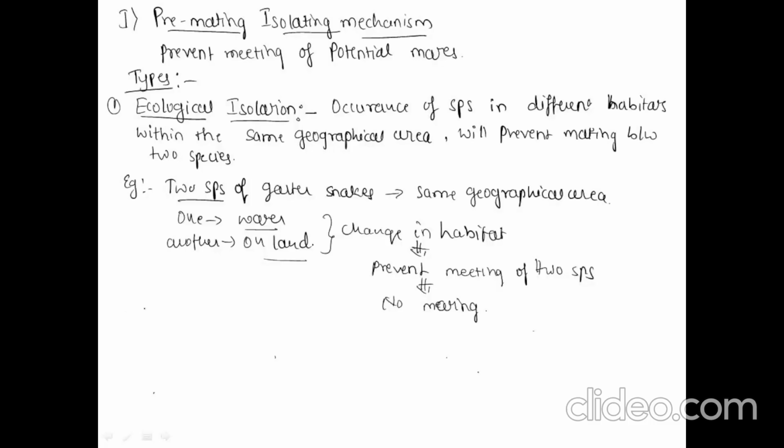Now we'll see the second type of pre-mating isolating mechanism, that is temporal isolation.